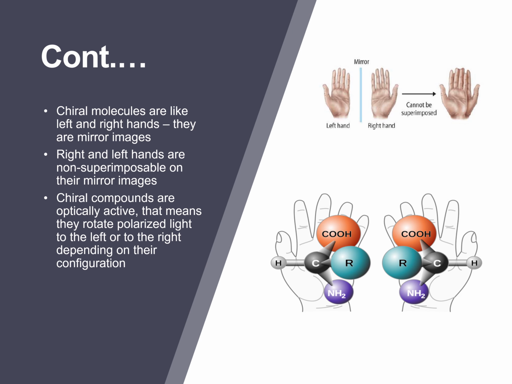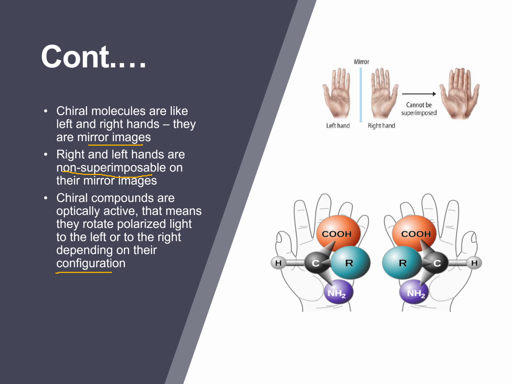Chiral molecules are like left and right hands. They are mirror images. Right and left hands are non-superimposable on their mirror images. Chiral compounds are optically active. That means they rotate plane polarized light either in the left hand direction or right hand direction depending upon their configuration.